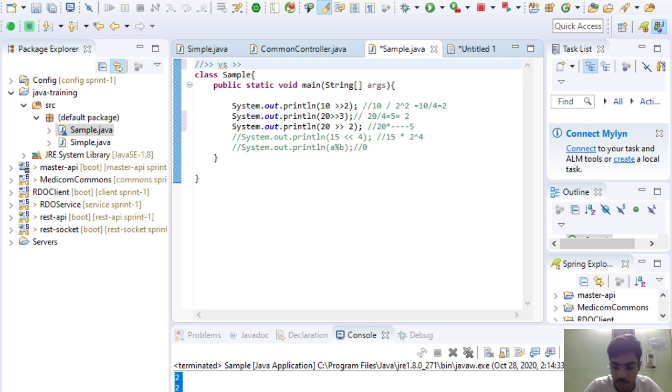Let's talk about the difference between these two. Suppose, let me explain this by example. Delete this because I don't need it anymore.